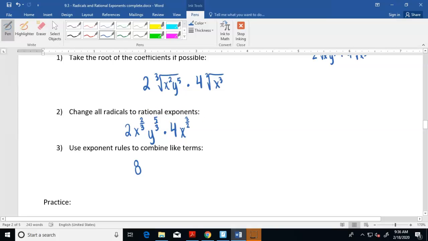I've got to get common denominators because I need to add them together, right? Because if I had x squared times x to the third, that would be x to the fifth. I just add those together, right? I'm doing the same thing here, but I'm having to do 2/3 plus 3/2. Okay, so I'm adding those exponents. All right, let's see. Connor, what would I use for common denominators to add 2/3 and 3/2?